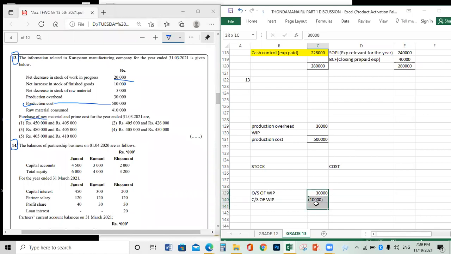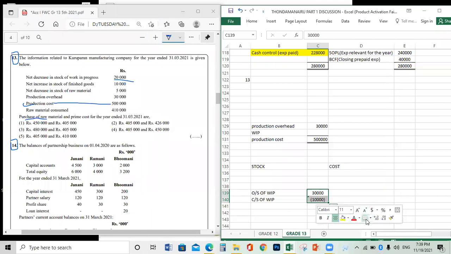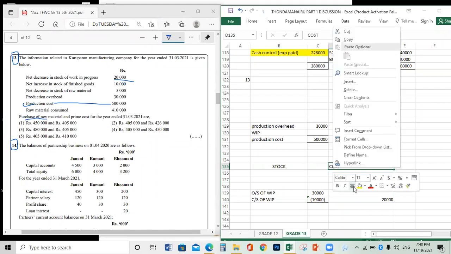Okay, so now see what is going to happen. Your work in progress decreased. When your work in progress decreased, what happened to cost? Cost increased. When your work in progress decreased, your cost increased. So usually we say stock and cost are always negatively related.